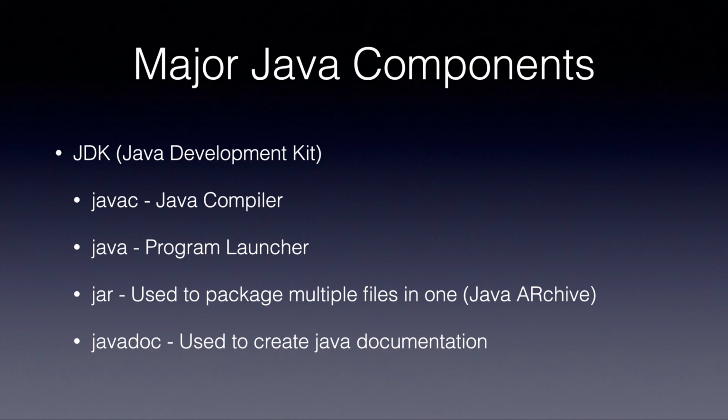Jar is a shorthand of Java archive. We will see in further tutorials that we can use a jar file to execute our program. The fourth one is javadoc. Javadoc is used to create the documentation of the comments that are written in the Java program.